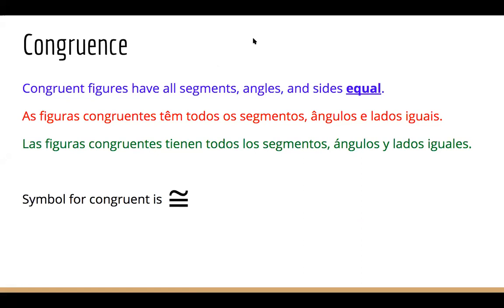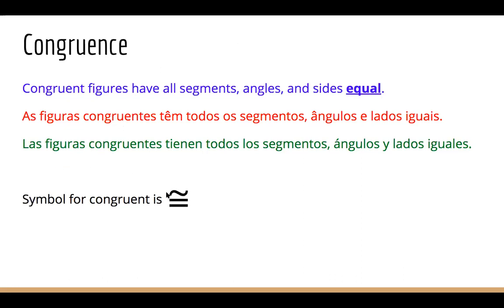Congruent figures have all segments, lines, angles, and sides equal to each other. Pretty simple way I can say it, they look exactly the same, or you can say they are exactly the same or equal.